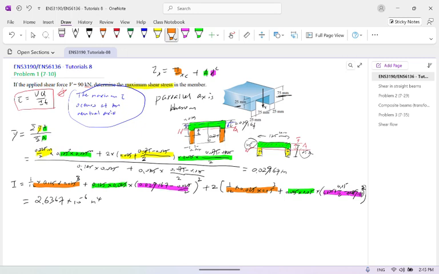Okay, but most for the neutral axis, we can use the K in which way? You see, from the neutral axis to the outermost. So the answer should be the same.